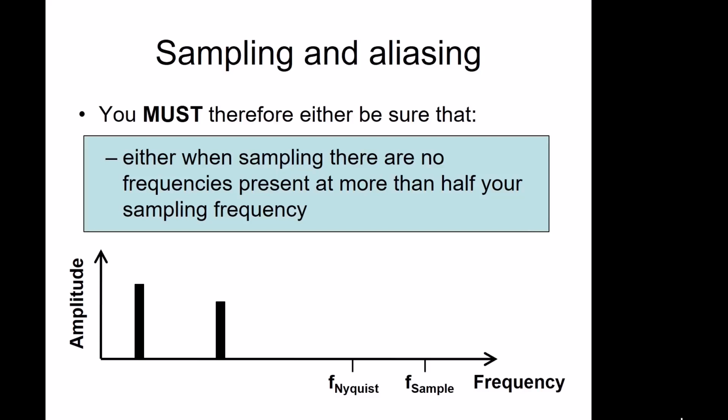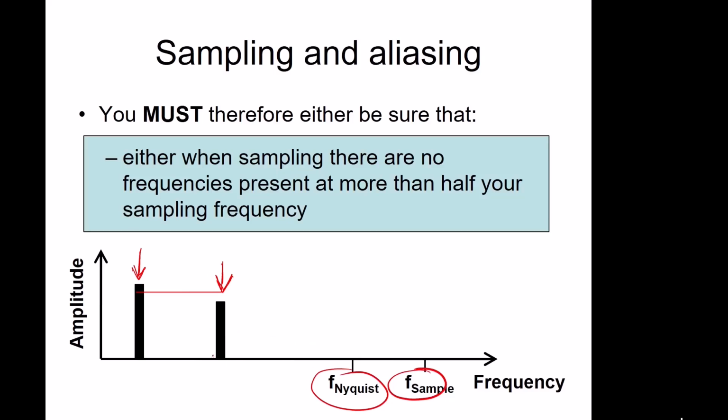Now remember I said that if you don't sample fast enough, frequencies appear lower than they actually are. So the consequence of that is if you want to measure this frequency here, but you've also got some noise in the signal, which is here at this frequency, you have to capture all of that data in order to eliminate the noise. So you have to take your highest frequency component in a signal, double that frequency to here, and then sample above that, so you capture all the information.